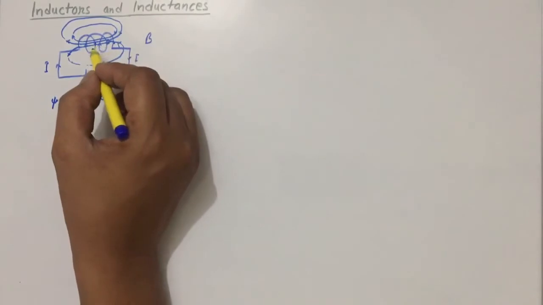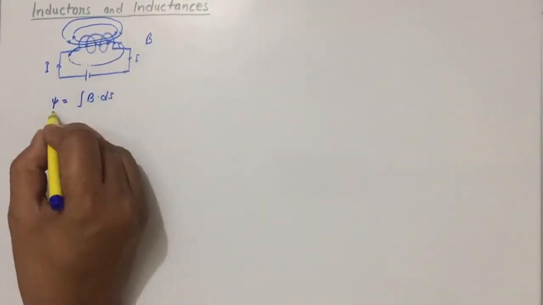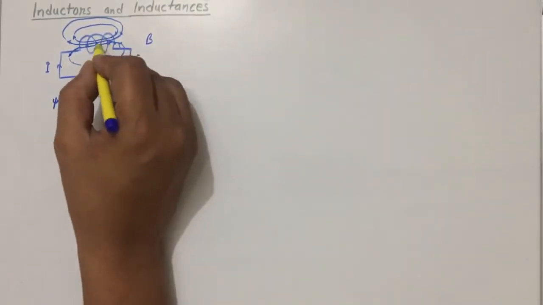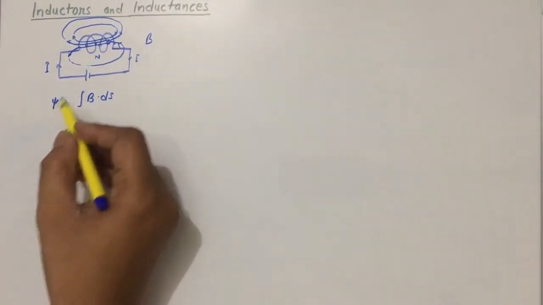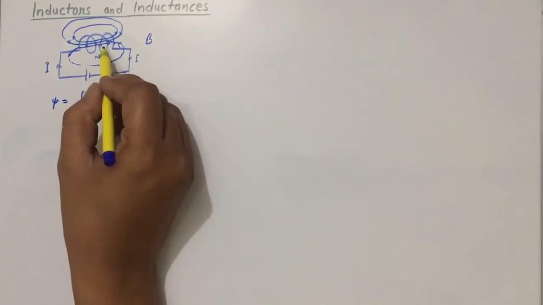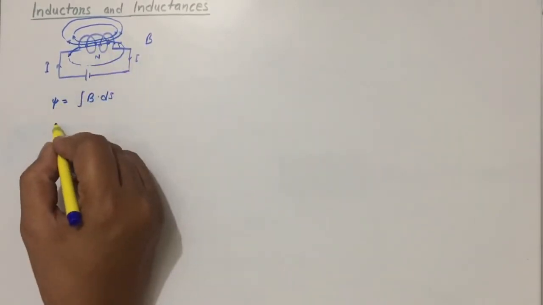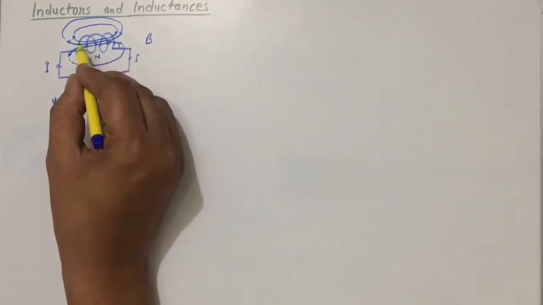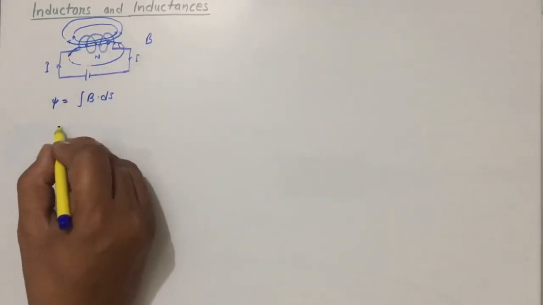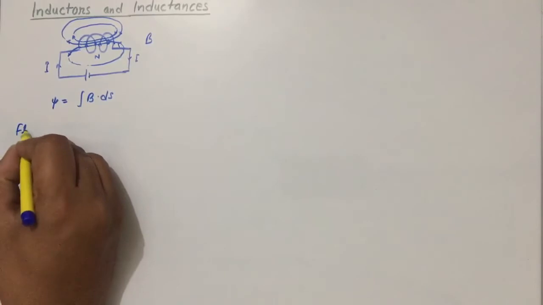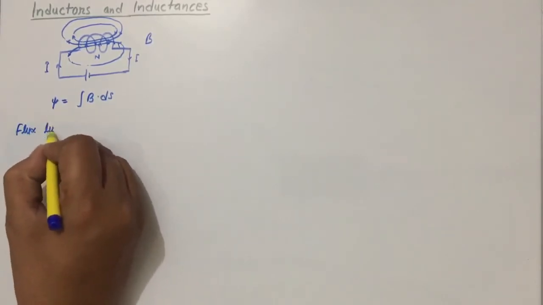Okay, so this flux links through each coil, and if there are N turns in the coil, then the flux linking to the coil is known as flux linkage.